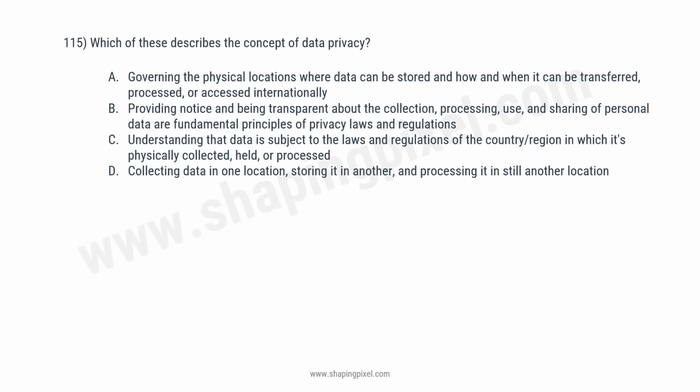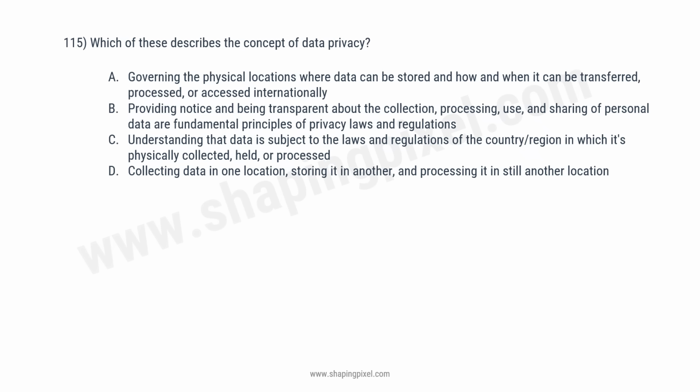Question number 115. Which of these describes the concept of data privacy? Option A, governing the physical locations where data can be stored and how and when it can be transferred, processed, or accessed internationally. Option B, providing notice and being transparent about the collection, processing, use, and sharing of personal data are fundamental principles of privacy laws and regulations.